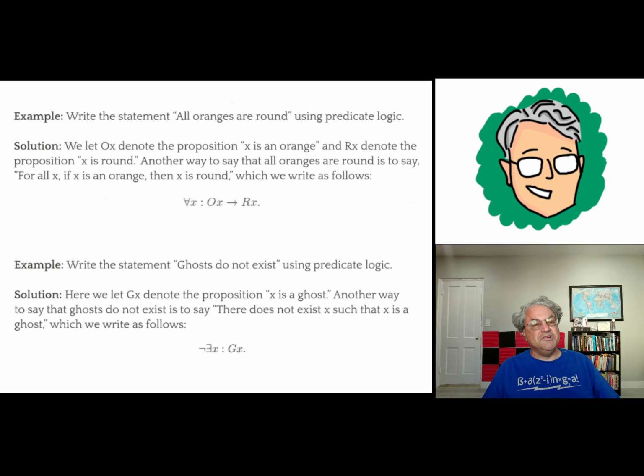Now to translate this into symbols, for all we just use the upside down A. So we start our logical expression with for all x. That's upside down A with an x next to it, and then we put a colon. We're saying something is true for all x, and what's true for all x is that if x is an orange, then it's round. Remember that to say x is an orange, we write capital O, small x.